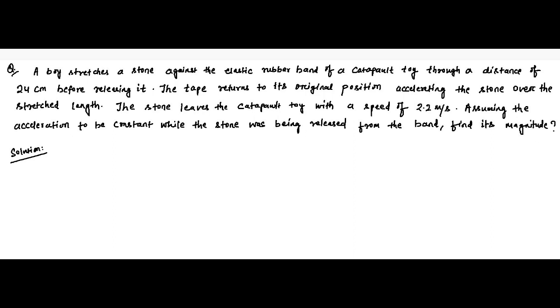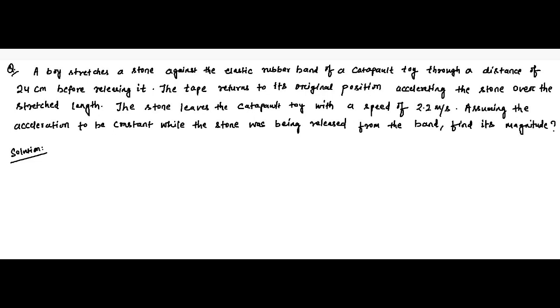So the catapult toy is stretched through a distance of 24 centimeter before releasing it. Then the rubber band returns to its original position, providing an acceleration to the stone over the stretched length.